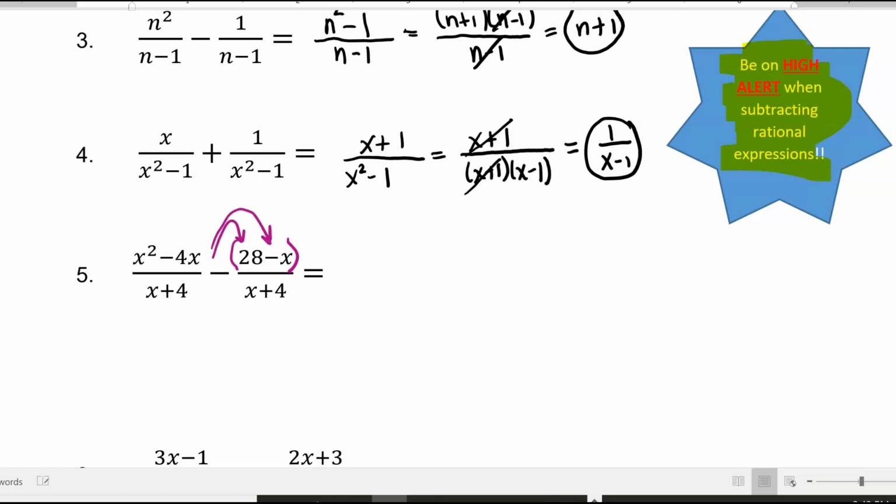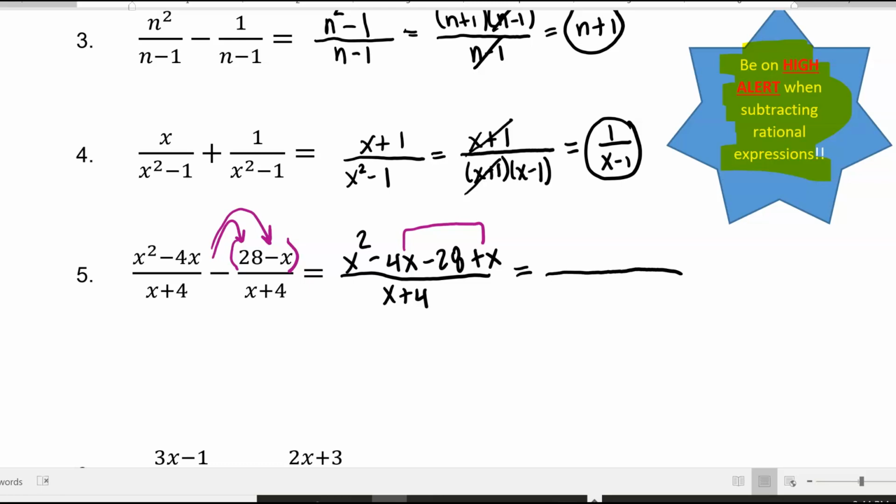Okay, so we definitely have x plus 4 in the denominator, but we have x squared minus 4x minus 28 plus x in the numerator. Then we can put our like terms together. We have negative 4x plus x. It's best to write polynomials in descending order. So you have x squared minus 3x minus 28 over x plus 4.